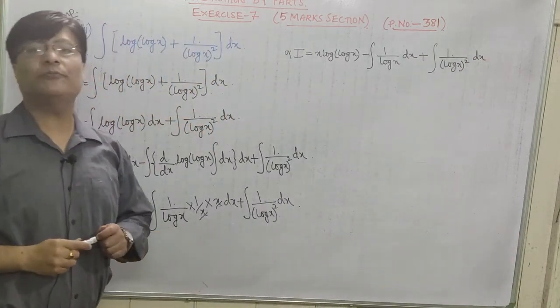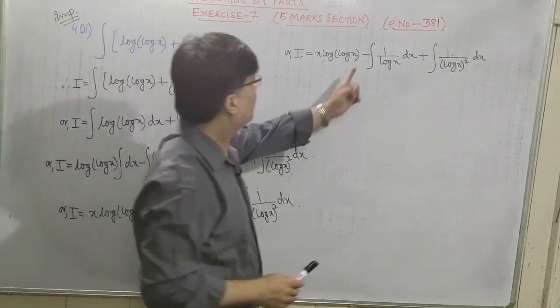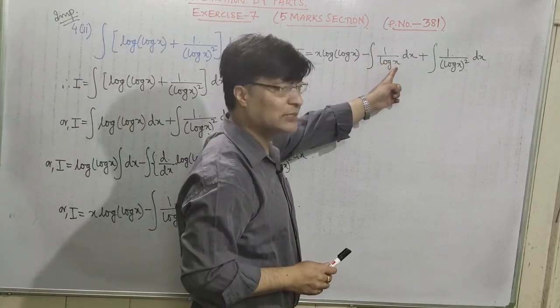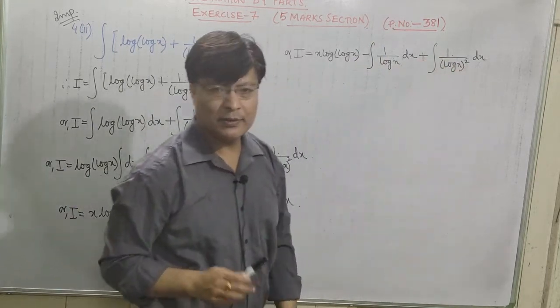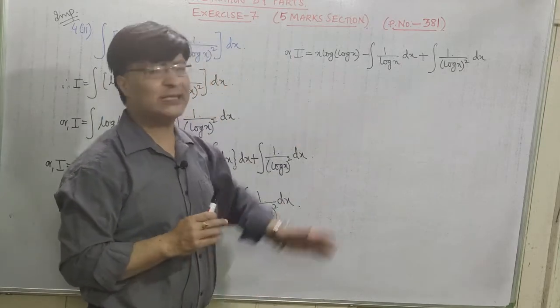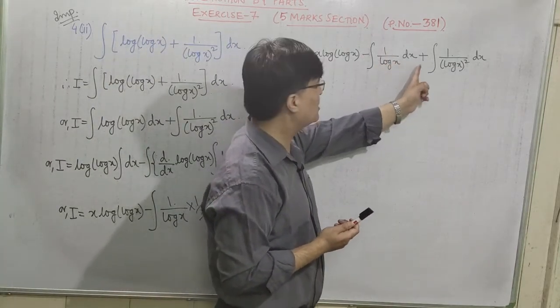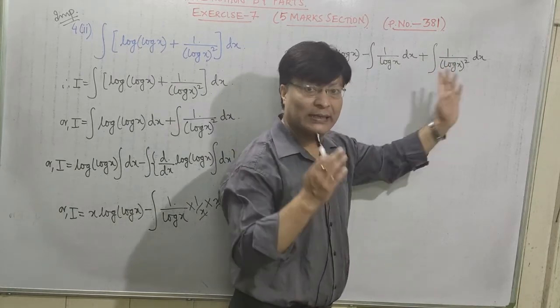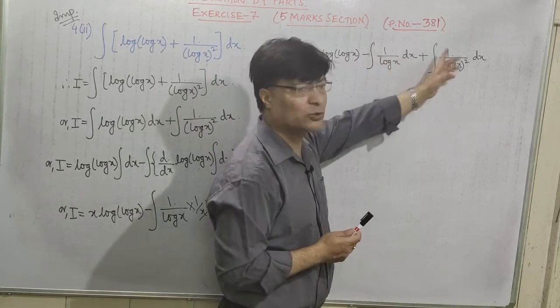Is that understood now? So in this case, minus 1 upon log x is there, and there is plus 1 upon (log x) whole square. So let us assume this log x as x. So this is your minus 1 upon x, and this is your plus 1 upon x square. Now we know that the differentiation of minus 1 upon x is plus 1 upon x square.